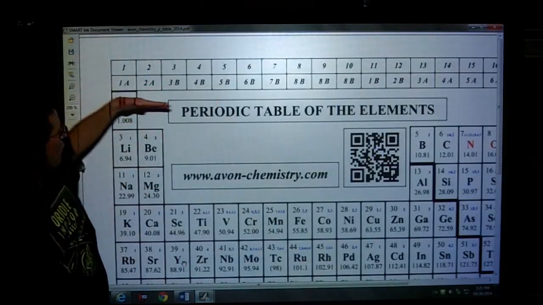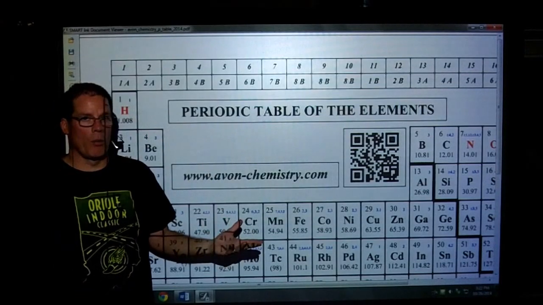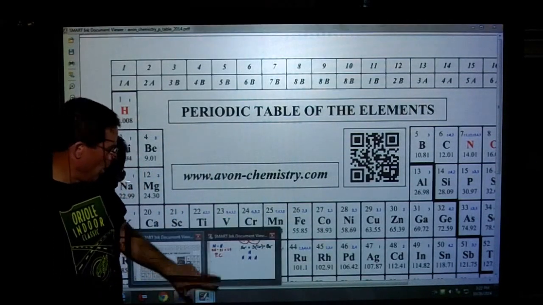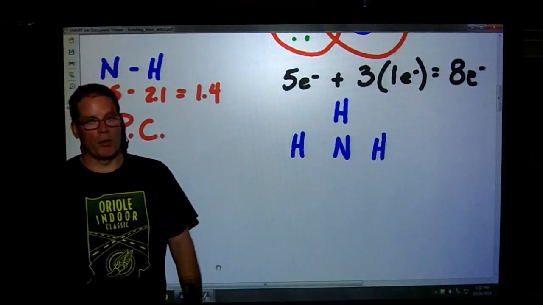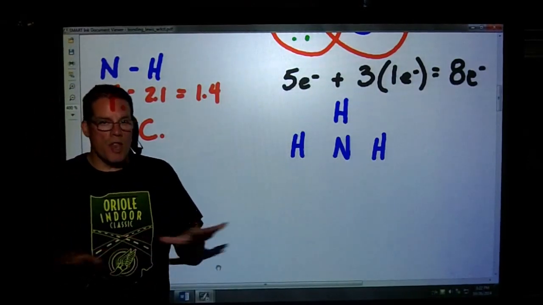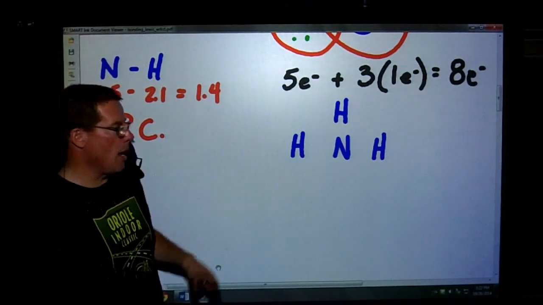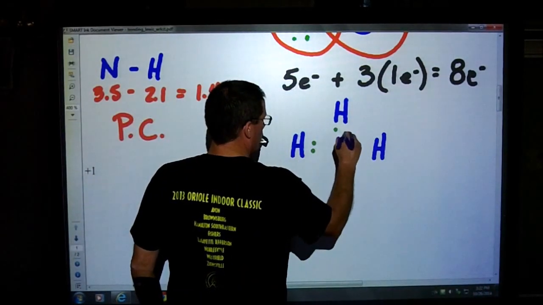Recall that since we're in group 1A, it can only have 2 electrons because there's only a 1s orbital. So hydrogen does not get 8 electrons. With that in mind, hydrogen can never be a centrally located atom. Hydrogen will never be in the middle or between other atoms. That can never happen.